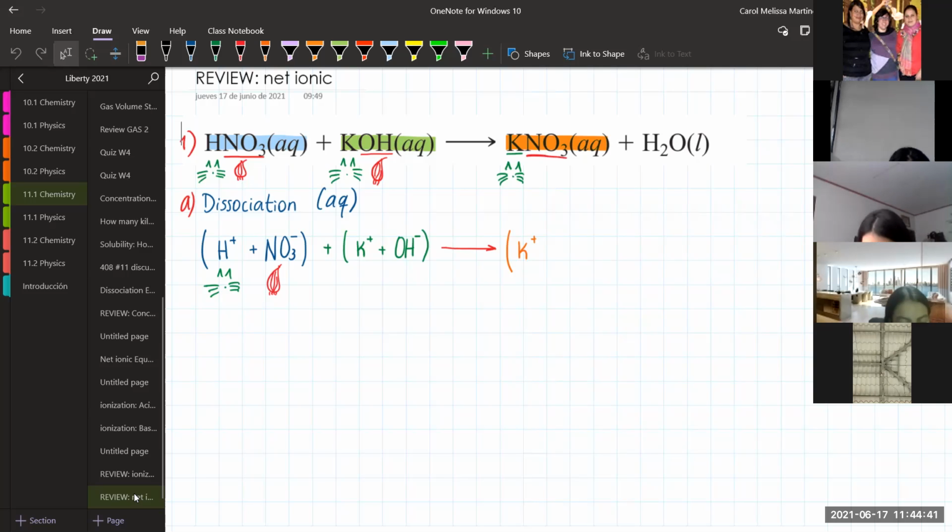NO3 is nitrate ion, and you don't forget to write the charge. The charge is -1. Once you finish dissociating each compound, then water, which is liquid, you're just going to write it the way it is. No need for dissociation of water.